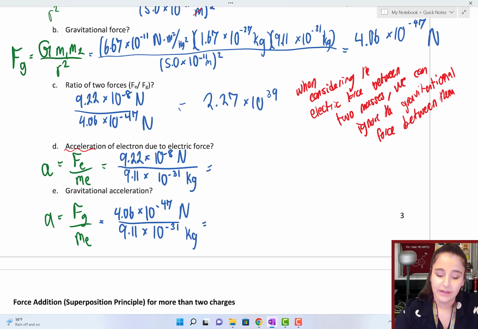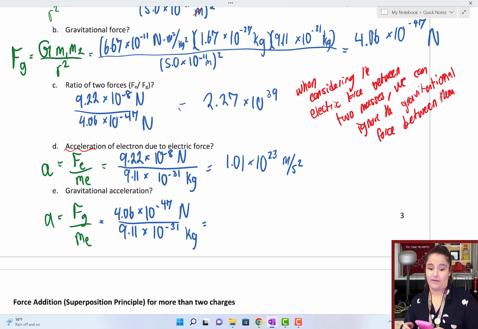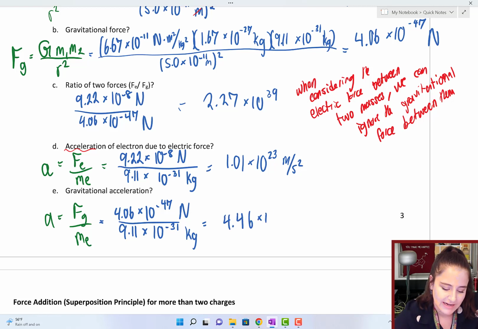And due to the electric force, we have 1.01 times 10 to the 23rd meters per second squared, so very, very, very fast, versus 4.46 times 10 to the negative 17.